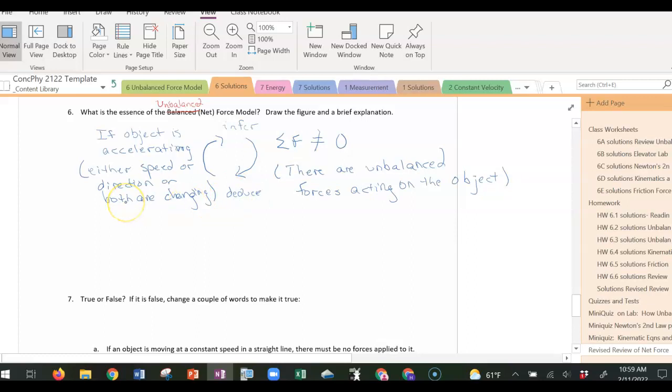The object is going to be accelerating. Okay, so an unbalanced force causes acceleration. That's the essence of the unbalanced force model.